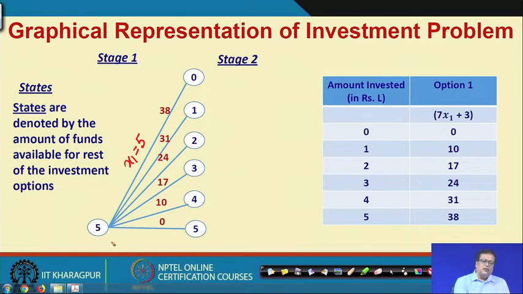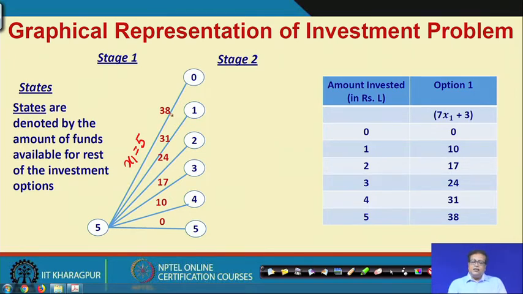In dynamic programming representation, we move from state 5 to state 0, because the state is the amount of money that is remaining for investment. If you invest 5, then the remaining money will be 0. So we move from 5 to 0 with an investment of 5, and the value that has really gone in will be 38. I hope this is clear.